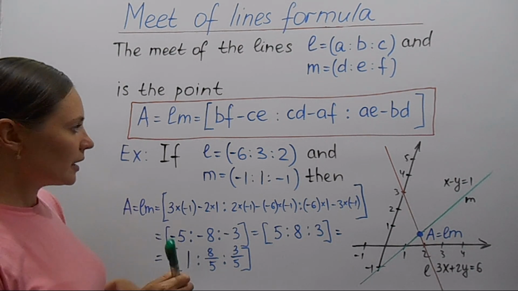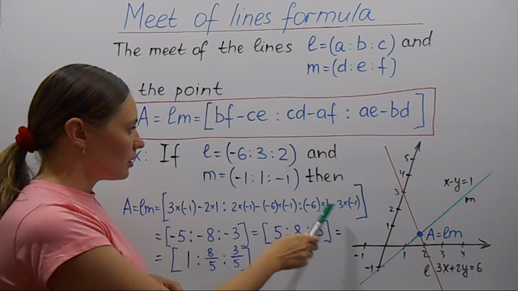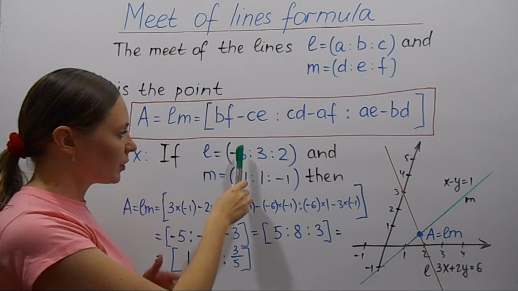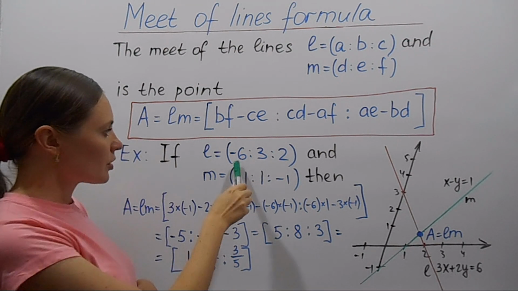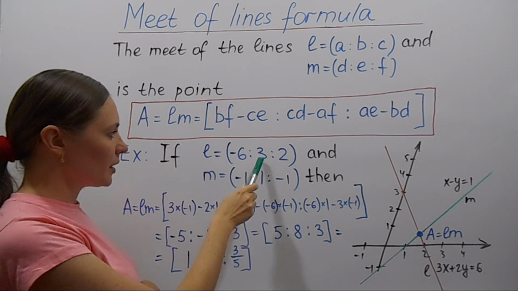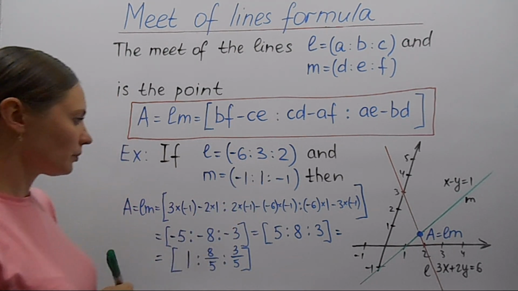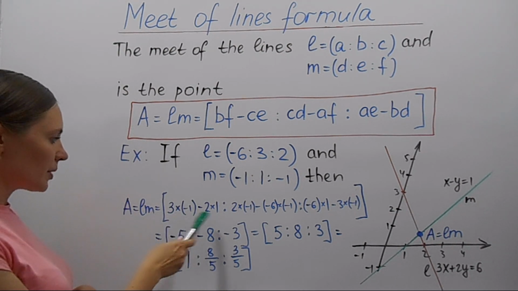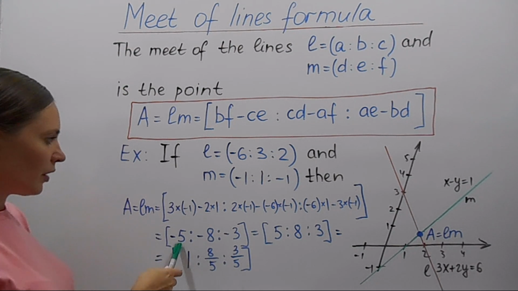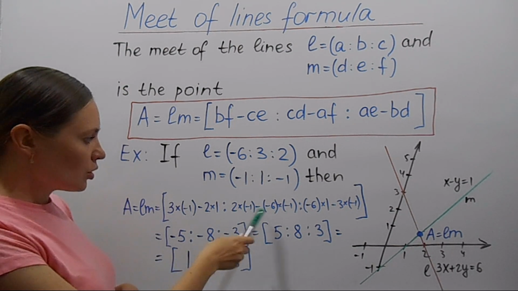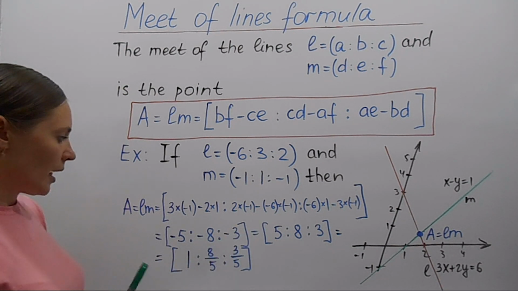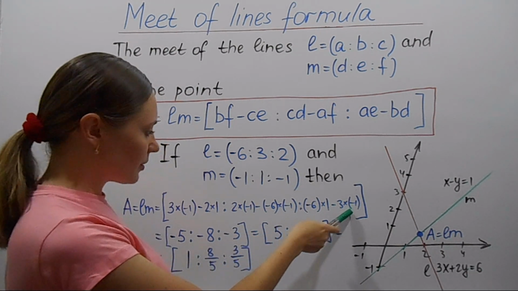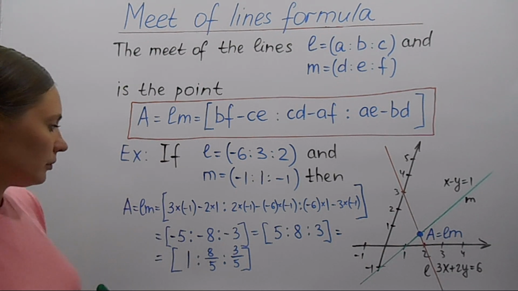And the third entry is obtained from the first and the second entries here. So it's minus 6 times 1, minus 3 times minus 1. And what we get is minus 3 minus 2 is minus 5, minus 2 minus 6 is minus 8, minus 6 plus 3 is minus 3.